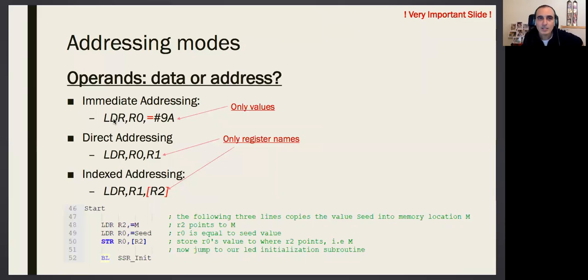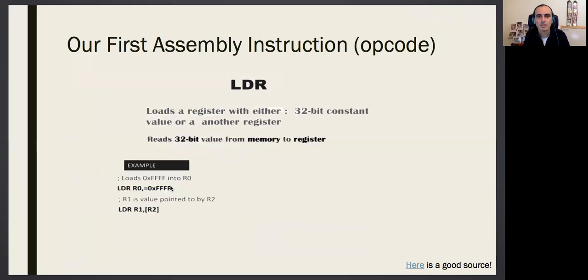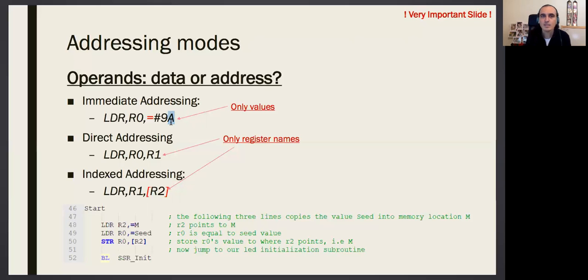You use LDR, R0, comma, equal sign, and the value. If the value doesn't have 0x, it's a decimal. This is wrong, guys. This should be a hexadecimal value, because this is A, it cannot be a decimal. So I'm going to consider this A as 0, so it's 90. I'm putting 90 into that register. I think you've got this from the previous example as well. So this is immediate, and this is immediate as well.